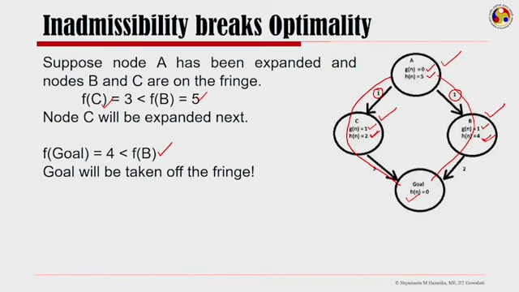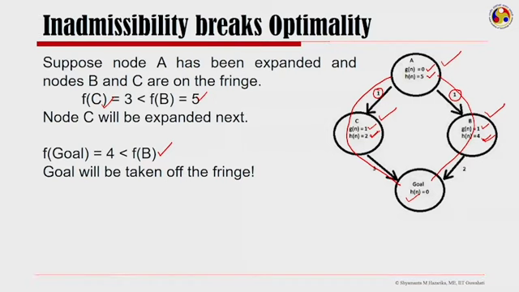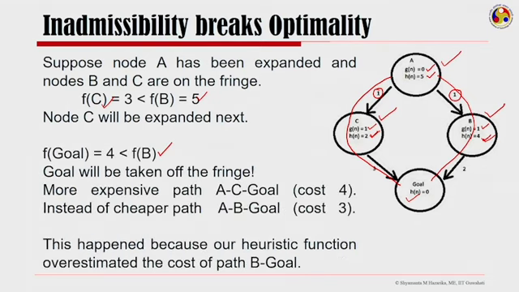This is precisely because of the following reason. We estimated here that the cost to the goal would be 4, whereas the actual cost was only 2. We made an overestimate. Making an overestimate spoiled this path for us, and therefore we were not able to get the optimal solution.